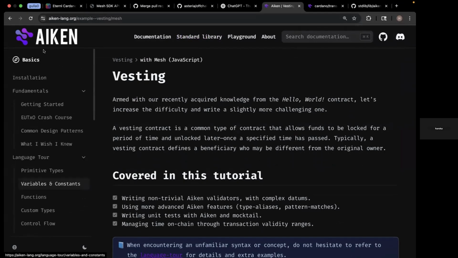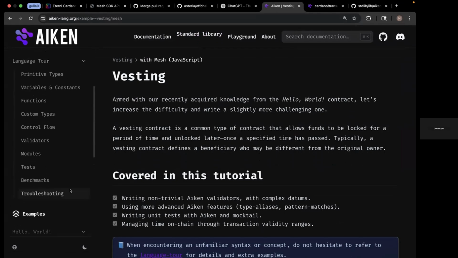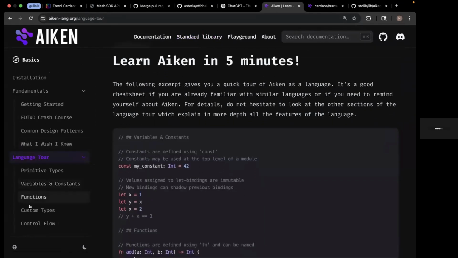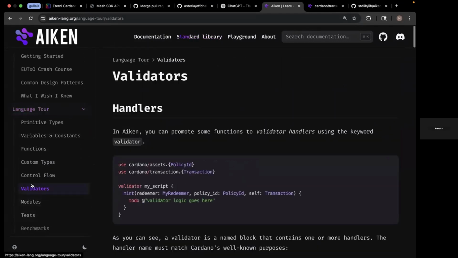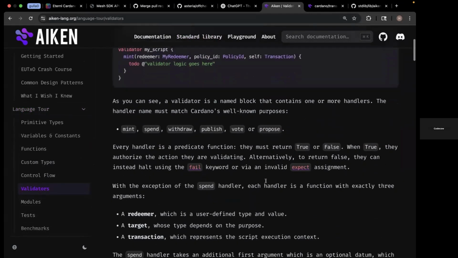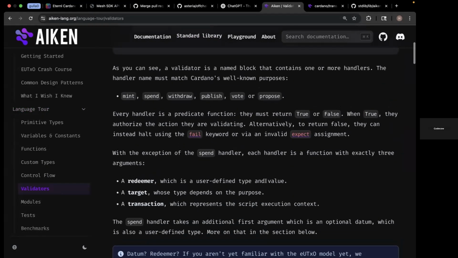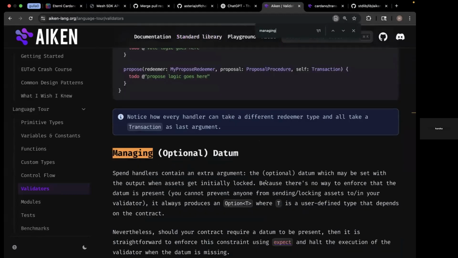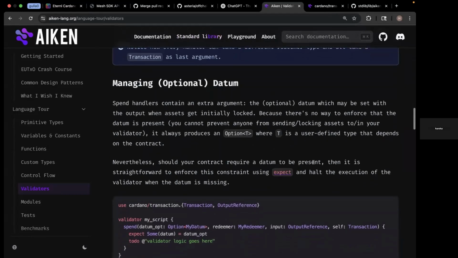And then validators. Oh, here it is. Then scroll down to managing optional datum. There it is. Managing optional datum.